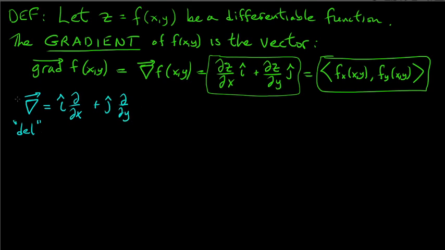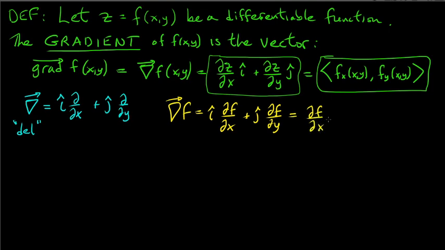So if you put an f after it, a function that comes after it, then the i component will be the partial of f with respect to x, and the j component will be the partial of f with respect to y. Whether you put the i and j in front or in back doesn't matter. It's traditional to put it in back.